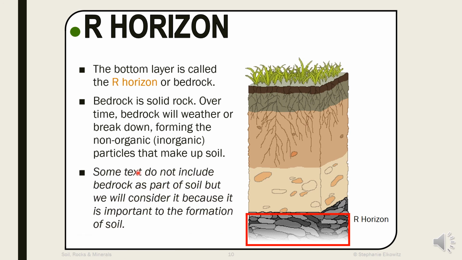Sometimes scientists do not consider this layer in the profiling of the soil, but we consider it in the soil profiling because it is very important in the formation of new soil. It contains rock particles, and when these rock particles break down and weather, they turn into new soil.